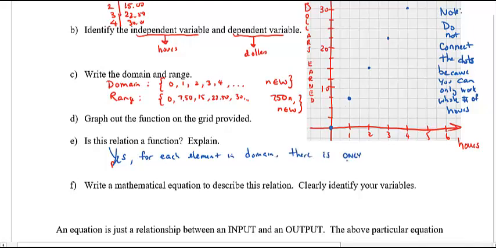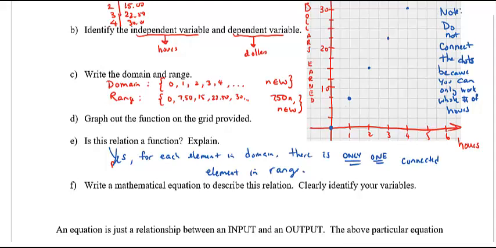That's right, the words only one connected element in the range. Okay, so once again, this definitely is a function.